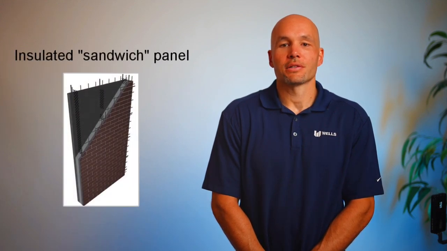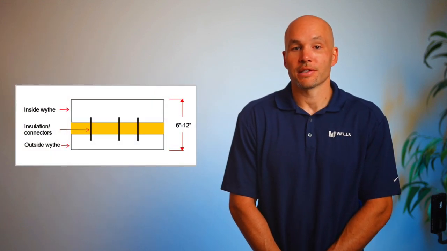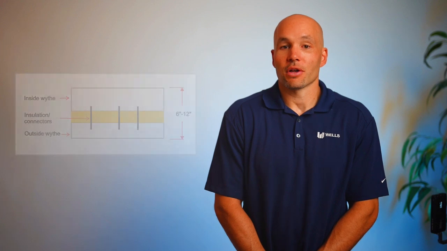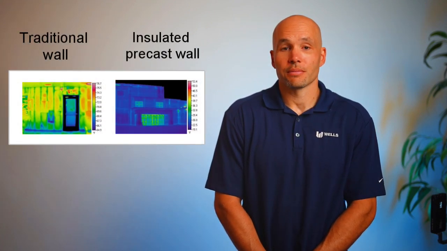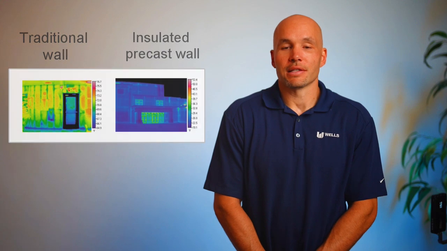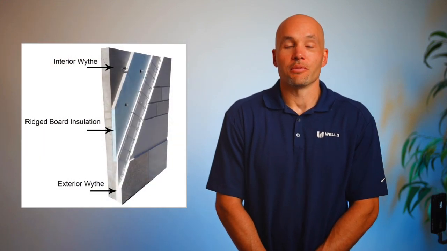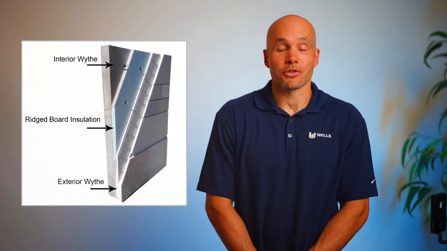The second common wall panel type you will see are insulated wall panels known as sandwich panels, and the standard thickness of these panels ranges between 6 and 12 inches. They can perform the same functions as solid wall panels in addition to providing increased thermal benefits. They utilize insulation that is sandwiched between two interconnected concrete wythes and provide remarkable energy efficiency and cost efficiency to a structure.